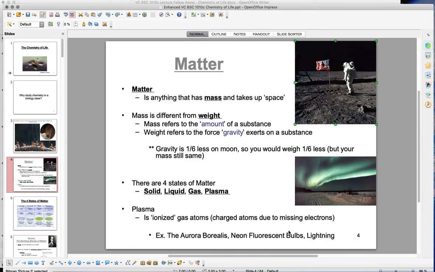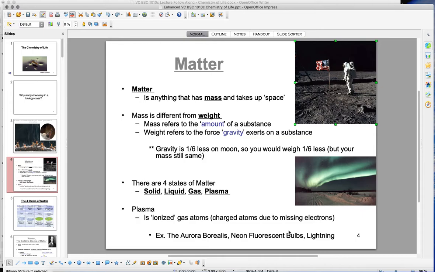We're going to get into what the subatomic particles of an atom are in a little bit. Hopefully you remember protons, neutrons, electrons. Electrons orbit around the shell of atoms, and those electrons can be ripped off of atoms or added to atoms. Anytime an atom is missing an electron or gains an electron, it is called an ion, and it ends up becoming charged because electrons are negatively charged and protons, which are in the nucleus of an atom, are positively charged.